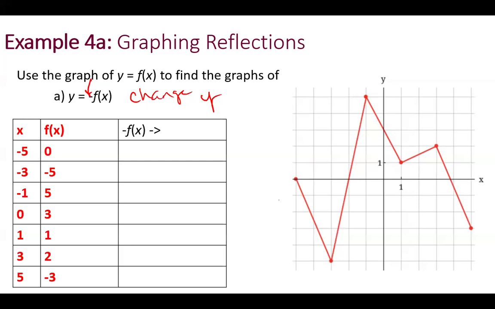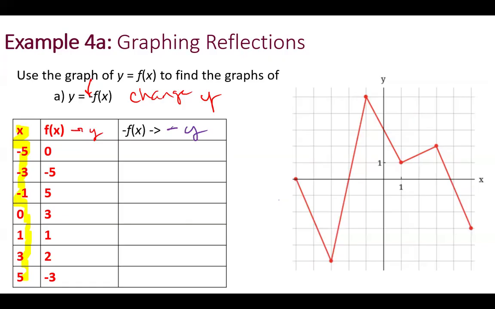So what does that mean? That means that my x's are staying the same. I'm not doing anything to the x's as of right now. And all of my current y values are now going to be multiplied by -1. Multiplying anything by -1 just essentially means you're changing the signs, correct?